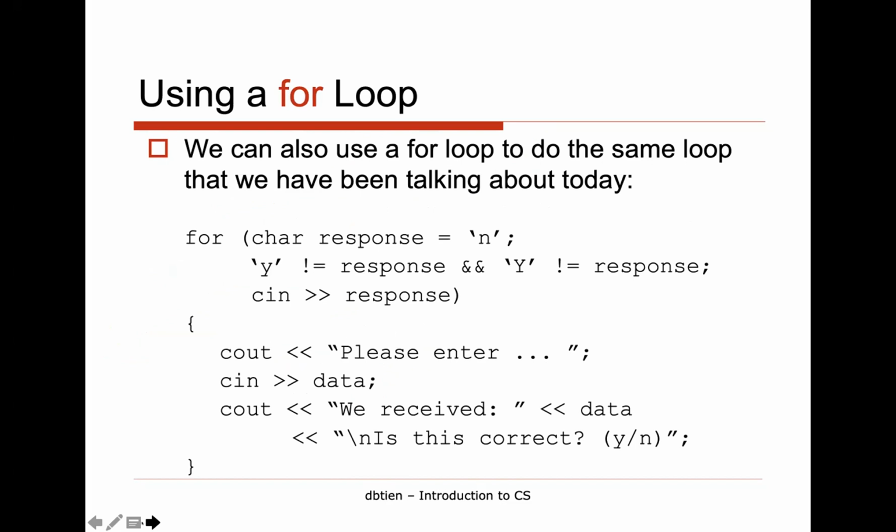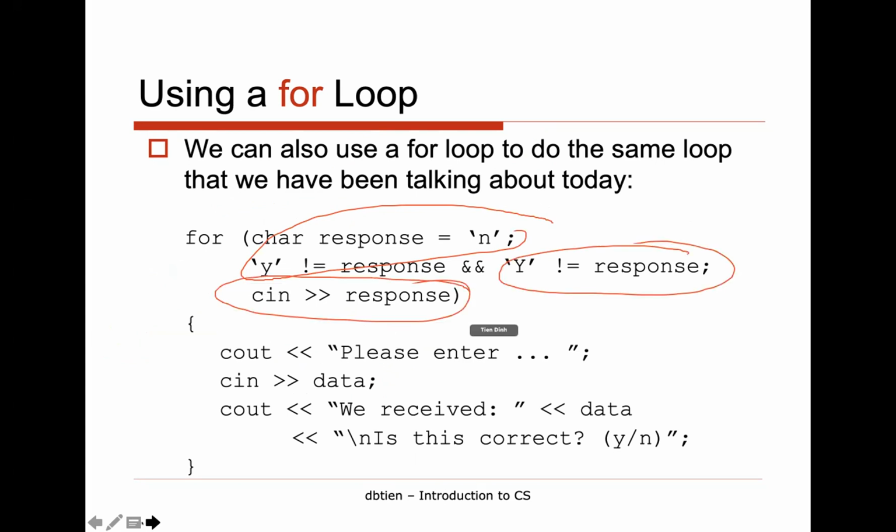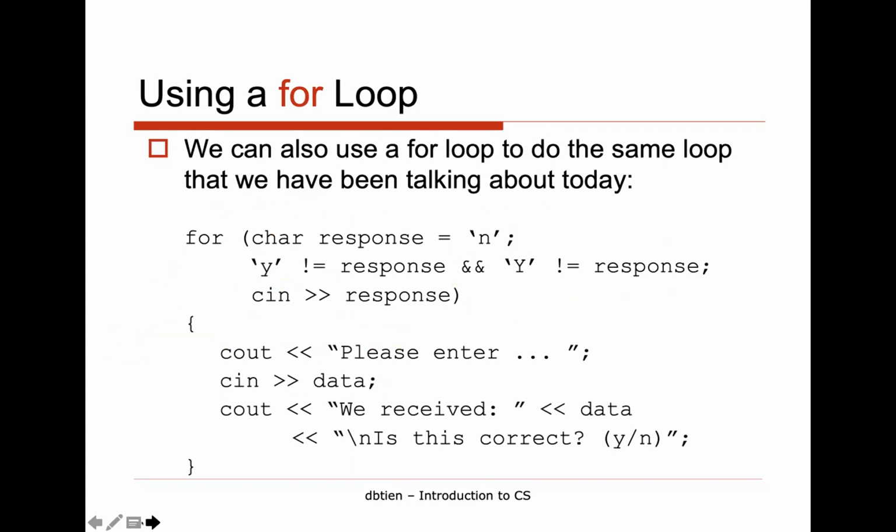Also, the for loop can handle the setting up and checking whether the response is yes or no, and you input again. So earlier, you can also program the while loop for the yes or no response with a for loop, but it doesn't look nice. People don't use a for loop this way. They prefer to use a while loop for this case. Even though you can easily do it with the for loop, it is just for illustration.